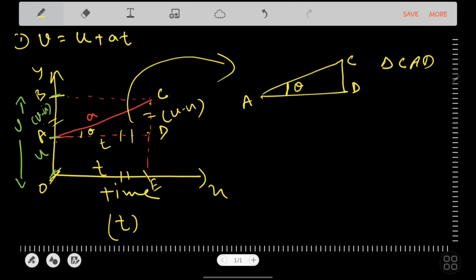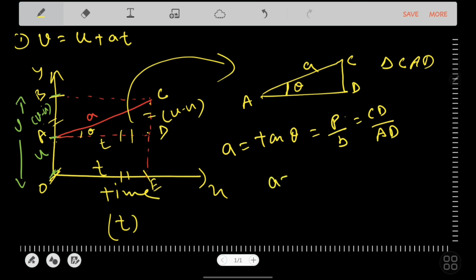So the slope was the acceleration, V minus U upon T. So we can write tan theta. For slope, we always use tan theta, which will be required for the acceleration. A equal to tan theta, and the formula of tan theta is perpendicular upon base. P stands for perpendicular, B stands for base. Here CD is the perpendicular and AD is the base.